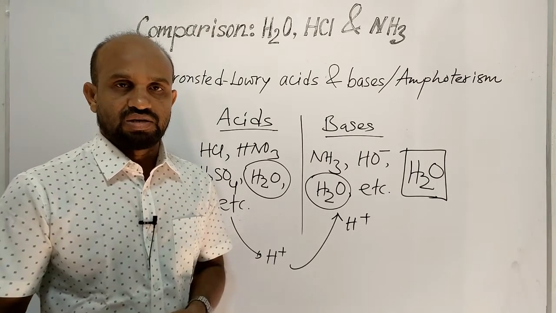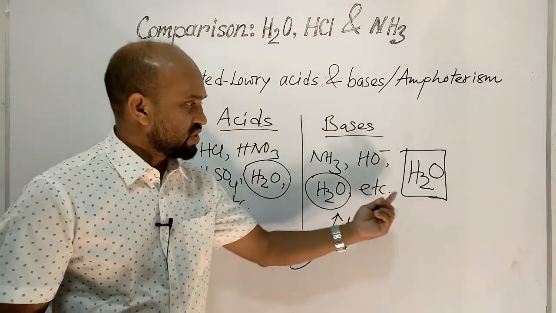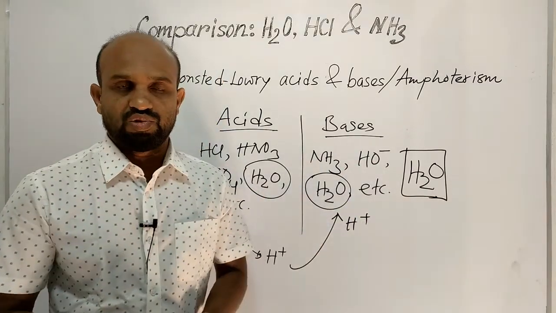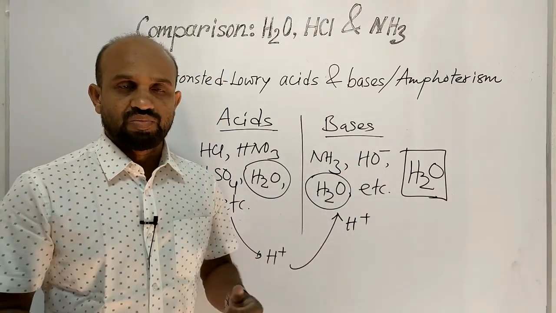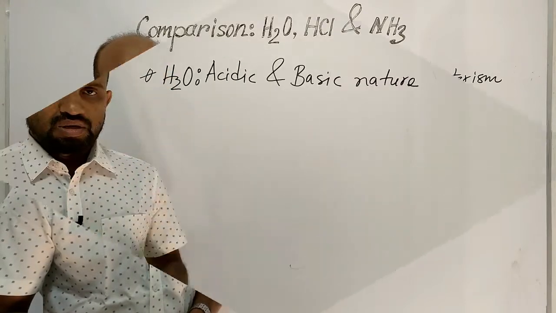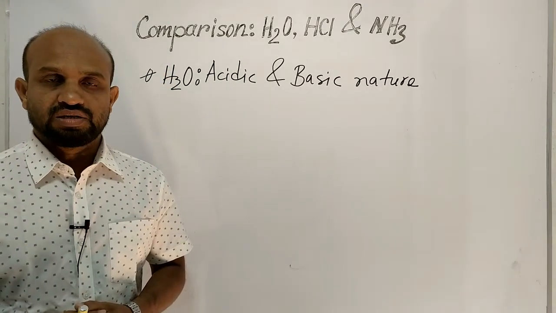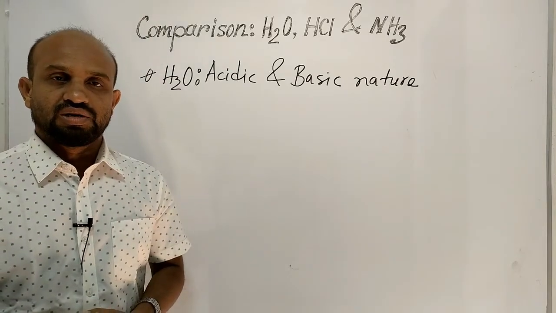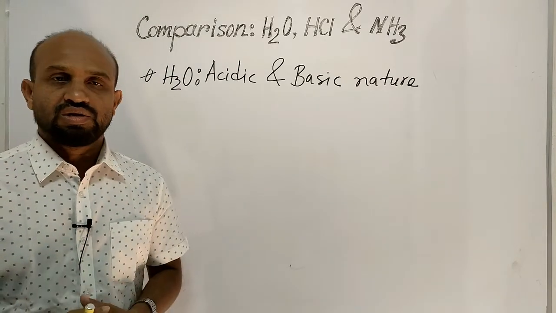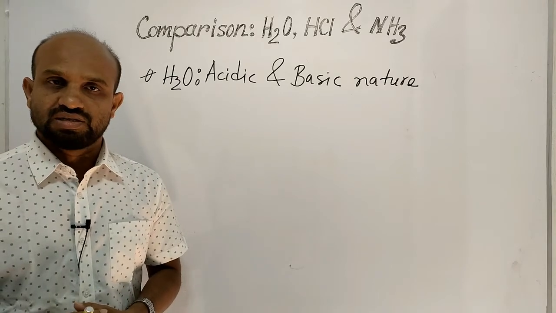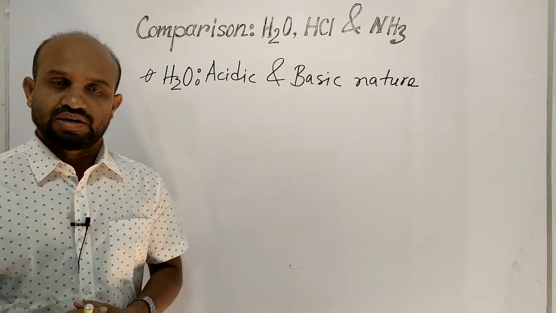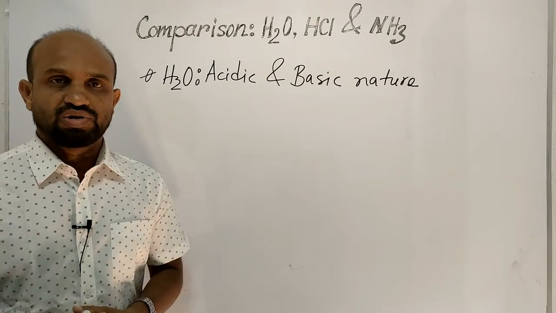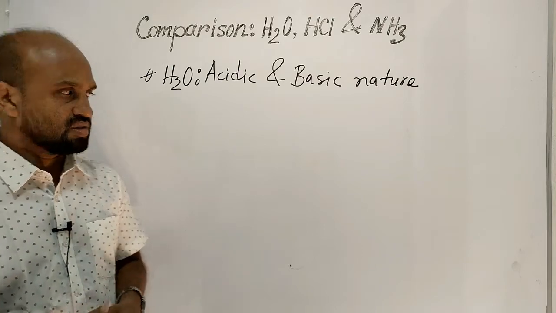Now let's see the acidic and basic character of water, that means amphoterism of water. Acidic and basic nature of water. In this point, we will see how water shows acidic and basic nature according to the Bronsted-Lowry acid-base concept.